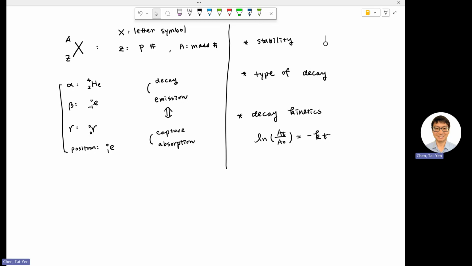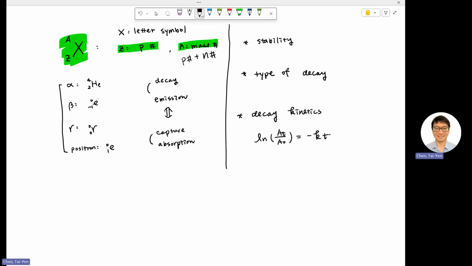These are the things we're going to use over and over again for chapter 18. The X is the letter symbol, A is the mass number, Z is the proton number. Proton is positively charged. The mass number is the sum of your proton number plus your neutron number. Those are the things that we must have in the very beginning.